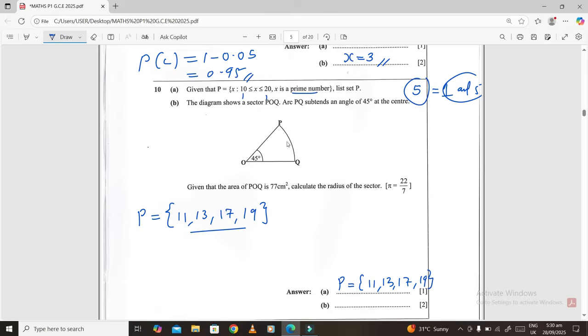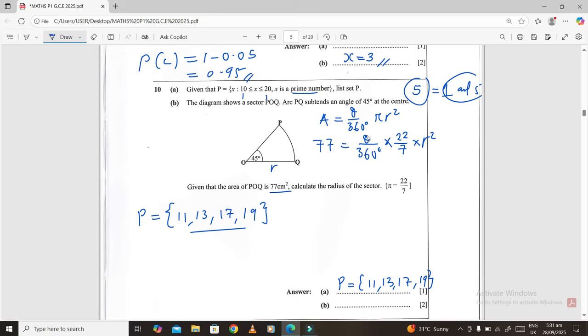Okay, we now come to this question where they've given us the area of the sector. They want us to find the radius. So we're going to use the formula for finding the area of a sector, which is this one right here, theta over 360 times pi r squared. So they've given us the area, which is 77, theta over 360 degrees times pi, which is 22 over 7, times the radius we don't have.